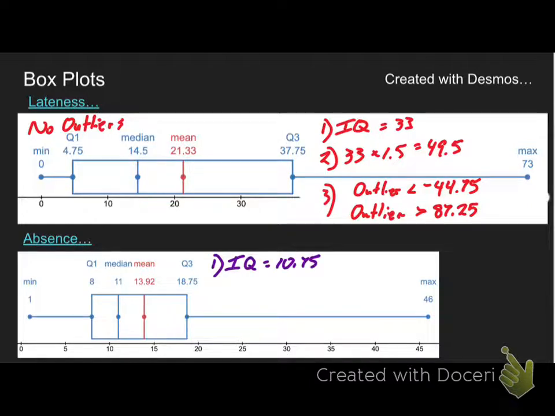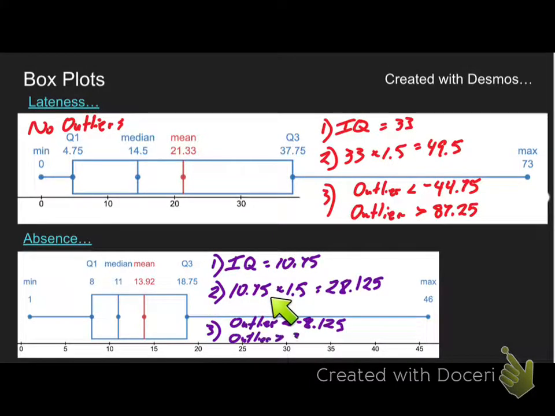And then the interquartile range for this data, the absence data, is 10.75. So it's 18.75 minus 8. That's that distance there. So what is 10.75 times 1.5? 28.125. That's not right. Hold on. So that should be 16.125. Sorry about that. Let's go ahead and write that in. 16.125.